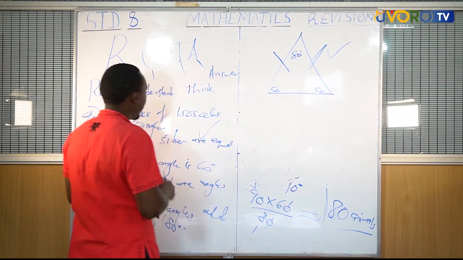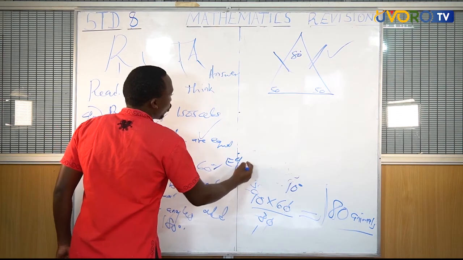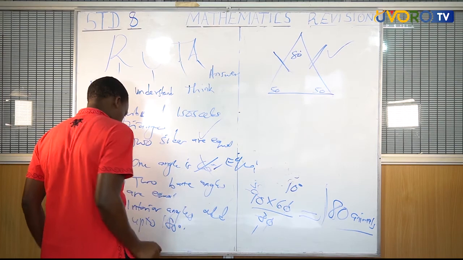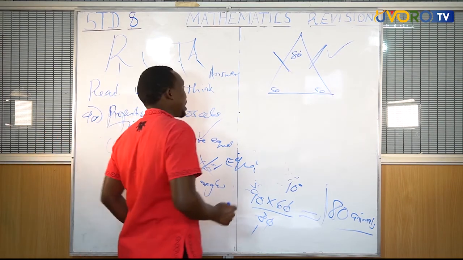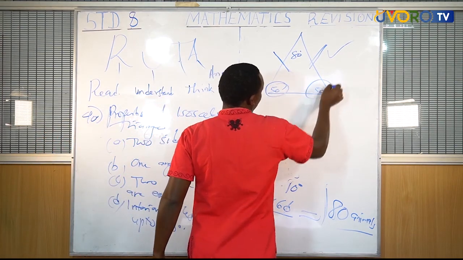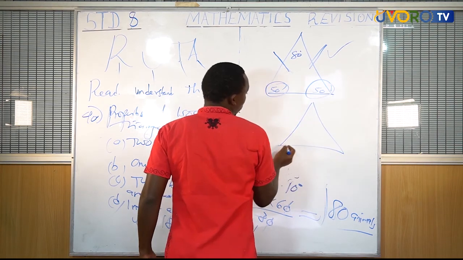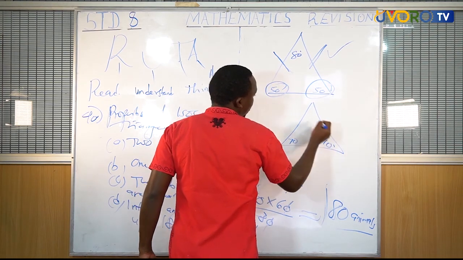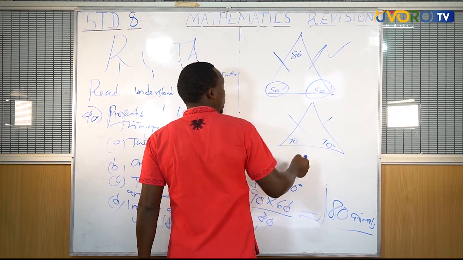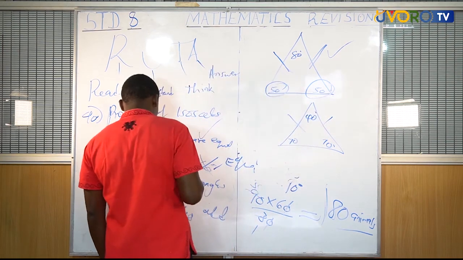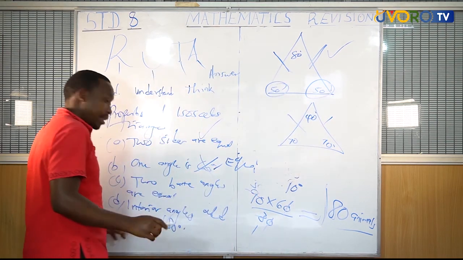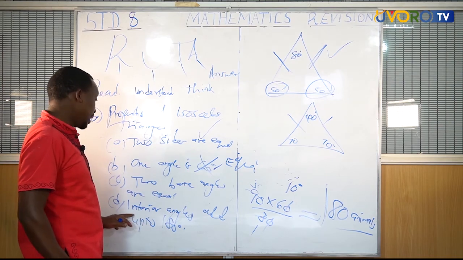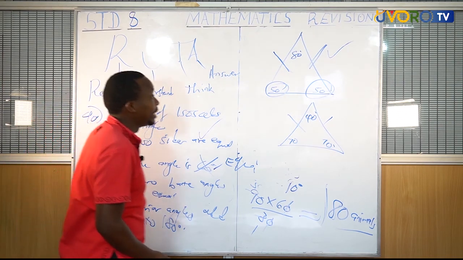So that is very wrong. This one is for equilateral. Two base angles are equal. Are they equal? Even if I drew another one, I said 70 and 70. That one is 140. This one should be 40. That one is correct.